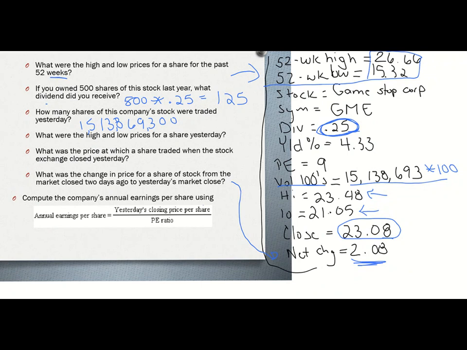So you want to take yesterday's closing price, which for us was $23.08, and divide it by your price to earnings ratio, or your PE ratio, which was 9. And that will give us, when we divide it, we're going to round it, so $2.56. It's 2.56444, but we're going to round it to talk about money.